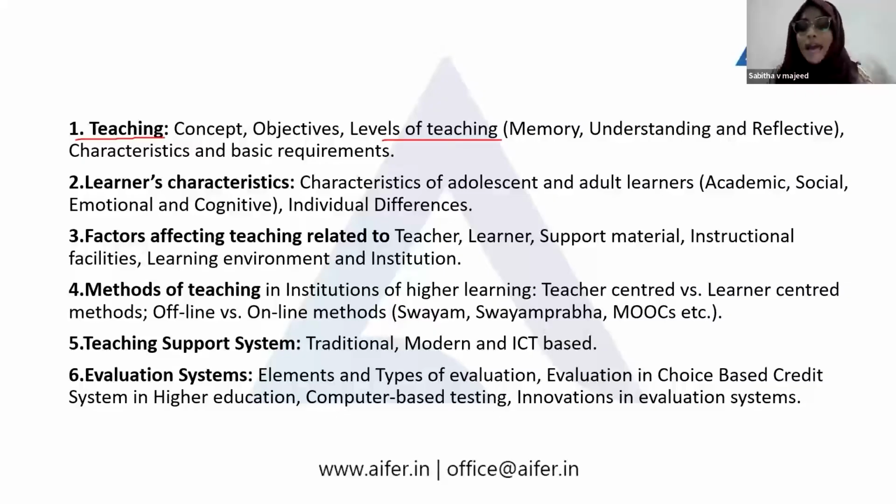We will be discussing the characteristics of the adolescent learner and the adult learner in 4 domains: academic domain, social domain, emotional domain, and cognitive domain. Then we have to learn individual differences, which is very important in the student population. Individual difference means the uniqueness the student possesses. Okay, that is the second subtopic.